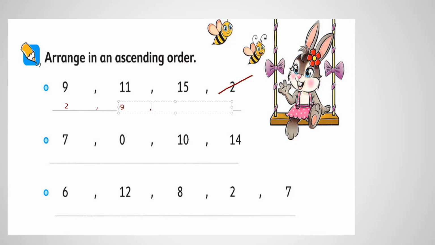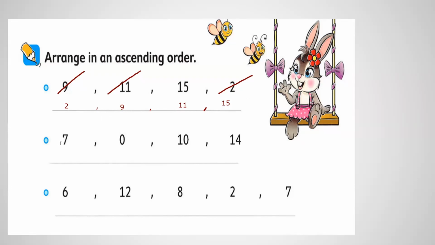Okay, so put 9 and cross it out or cancel it. After 9, 11 or 15, sure, it will be 11. Cancel it. And the last one, or the biggest one here, will be 15. So this is the ascending order.